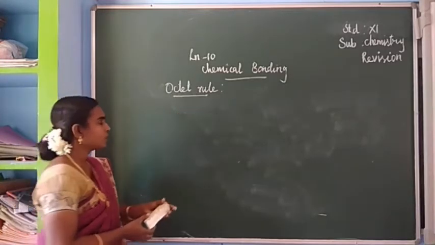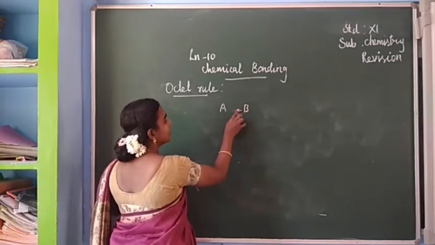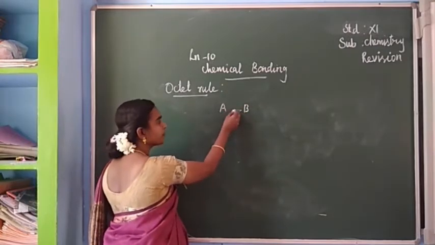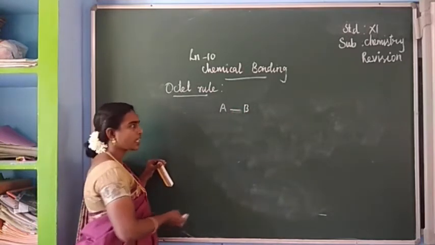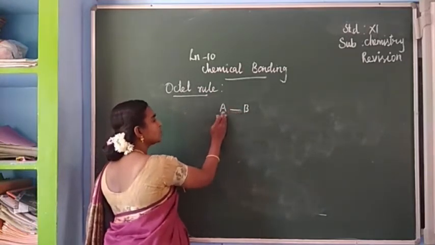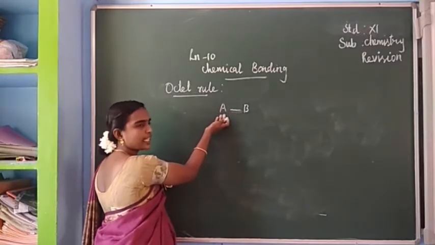Is it clear? So consider like this. A atom and B atom. Usually there is a covalent bond. It carries 2 electrons. Apart from this, along with this 2 electrons, the particular atom should get 8 electrons.